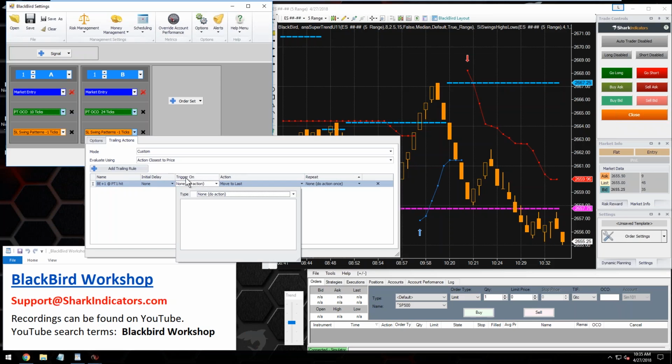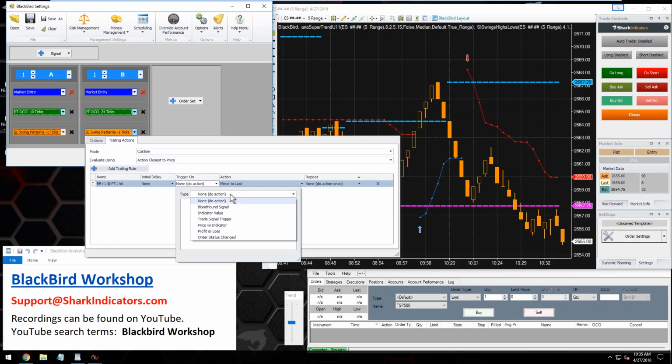We're going to use the trigger event now. If we look in the triggers, there's an order status changed here. So we're looking for the order status of the profit target to change. What we need to do is find the order that we're looking for a change, and that's going to be order set A, and it's going to be that profit target there. So let's select that profit target, and then the mode: we can wait until all the profit targets are filled.